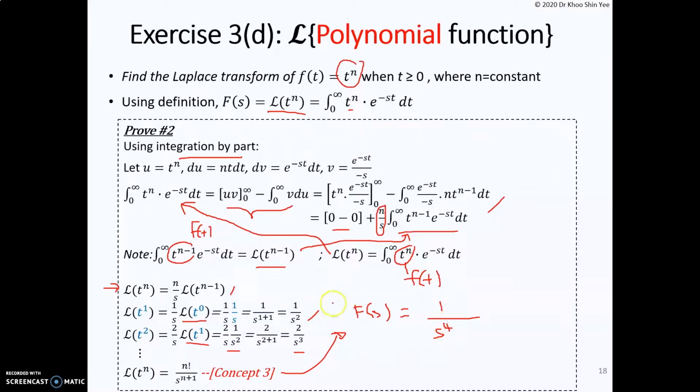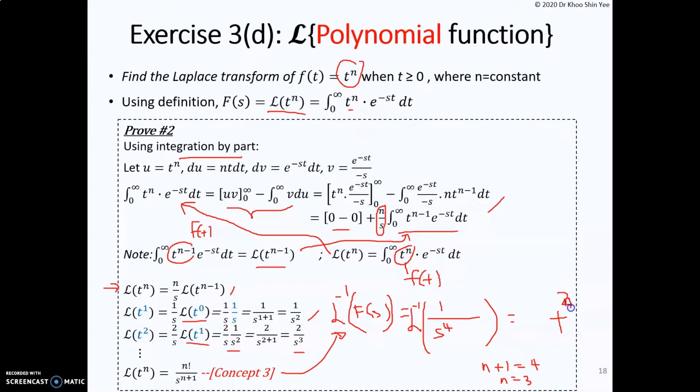So in this case, if you perform the inversion, so inversion of this, you should be aware that if you have s power 4, you should get the polynomial function t power of n. And to know what is the n here, refer to the format n plus 1 will be equal to 4. So with that, you know the n is equal to 3.